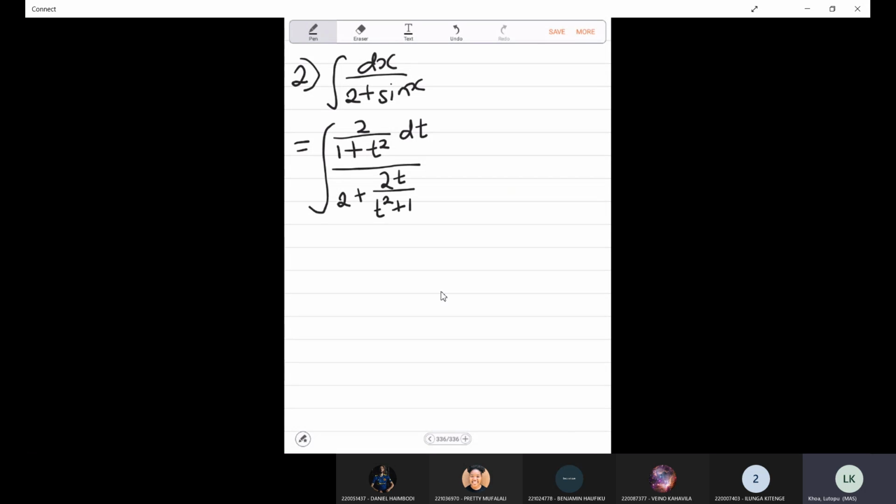Okay, so we would combine the denominator the way we did the previous one and then divide the two fractions. Then what we end up with should be easier to integrate than what we started with.